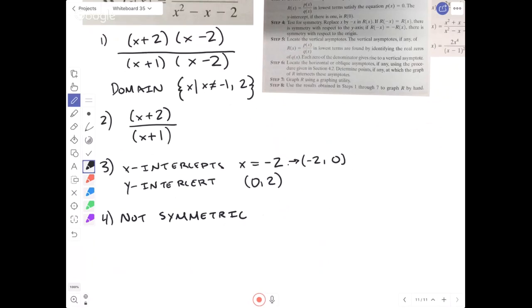Step 5, vertical asymptotes. So vertical asymptotes are at x equals -1.